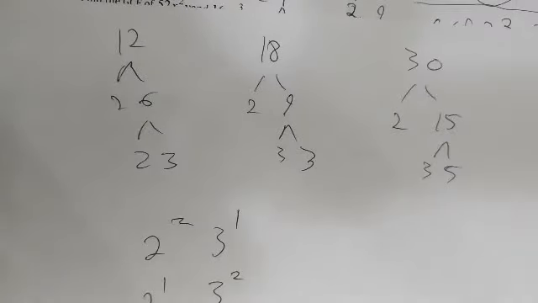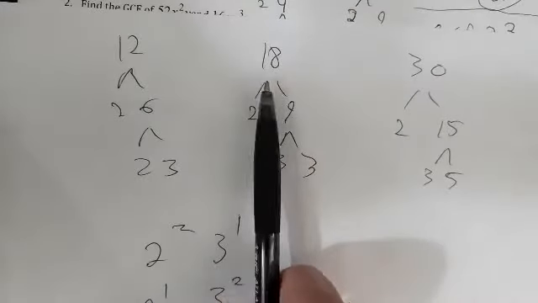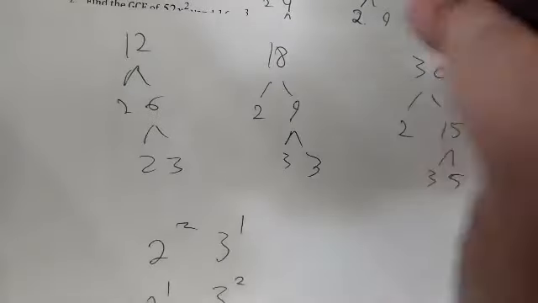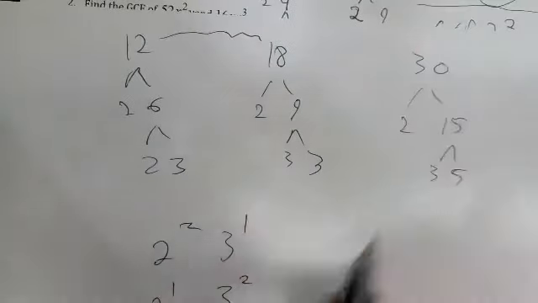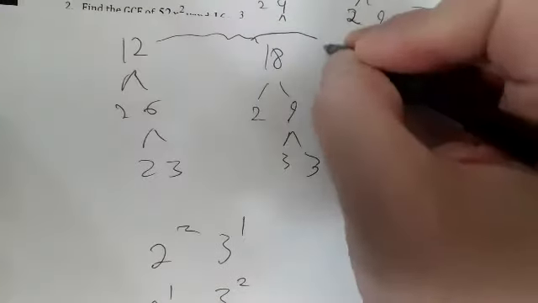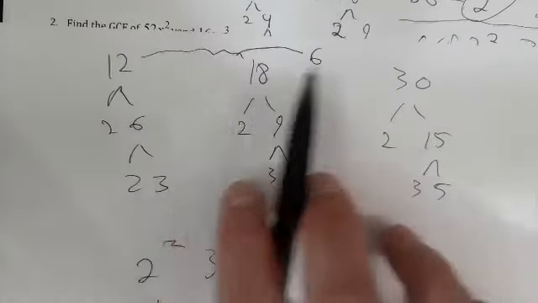And if we're looking at these numbers, 12, 18, and 30, if I asked you for the GCF, what is the most you can factor out of both 12 and 18? You could probably tell me 6 right off the bat, I think. So between 12 and 18, it's going to be 6.